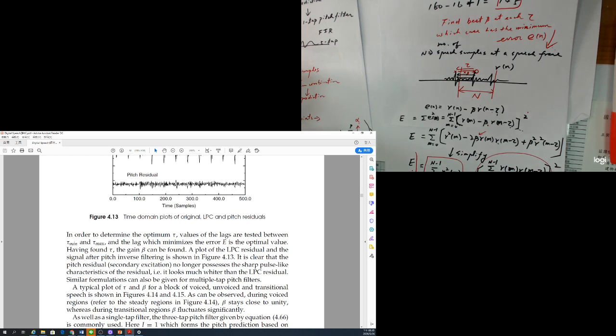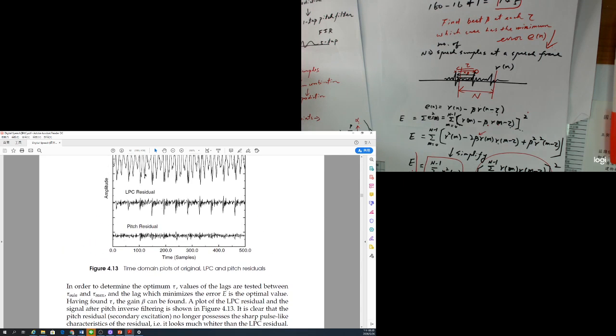Because the pitch residue sometimes will be considered, do we have a second excitation? Maybe they do not have a sharp pulse, because you can see the original signal with LPC removed still has a sharp peak point here. Once we remove the pitch signal, sorry, it becomes the pitch residue.